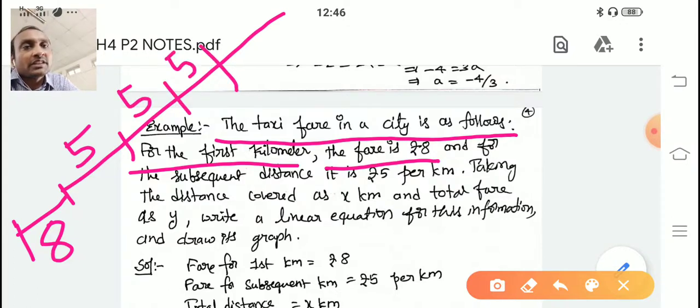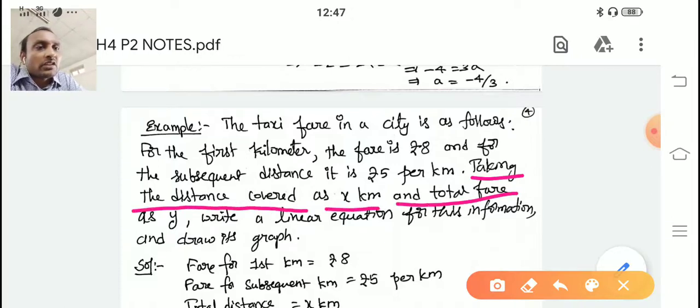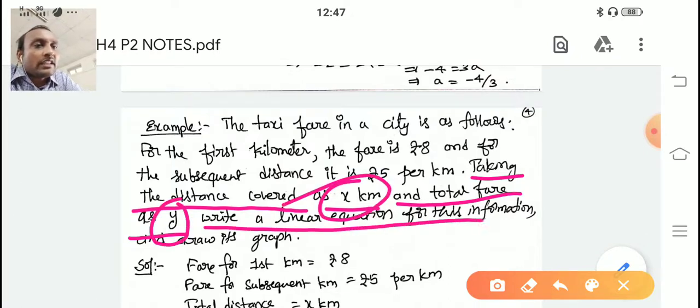But how many kilometers you journeyed and how much amount you paid, we do not know. Taking the distance covered as x kilometers and the total fare as y, that means money is y, distance is x kilometers, write a linear equation for this information and draw its graph.